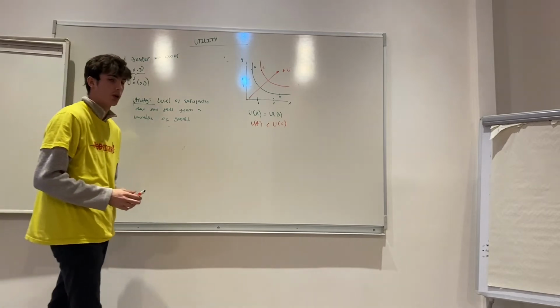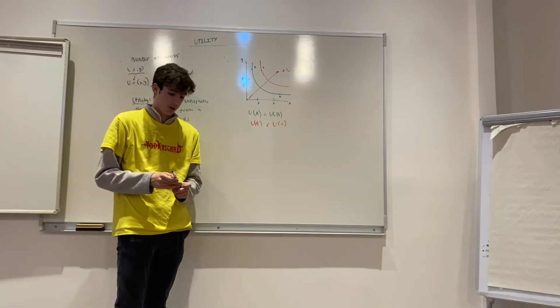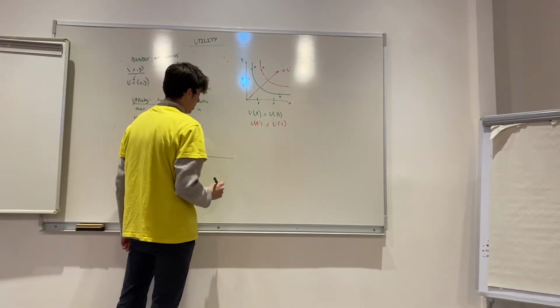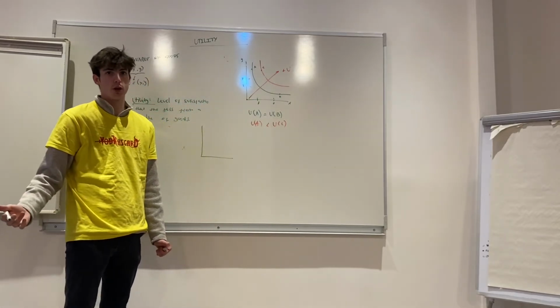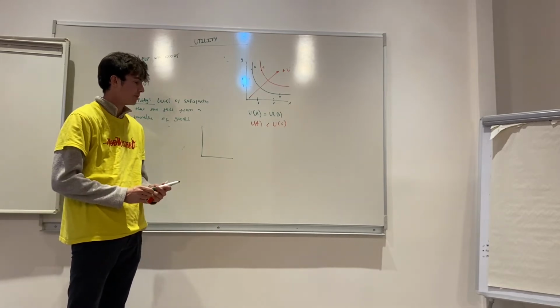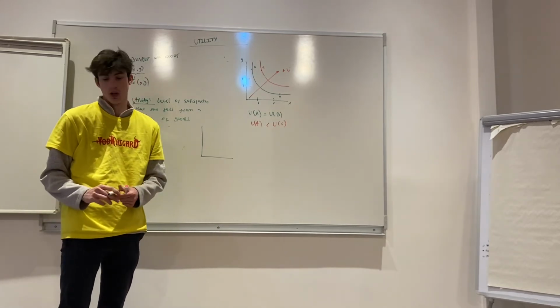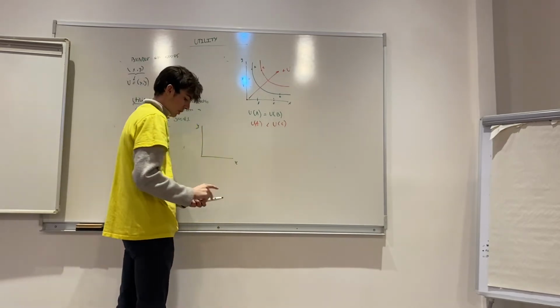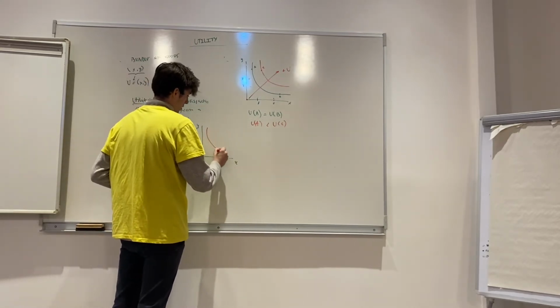Now we're going to present the marginal rate of substitution. The marginal rate of substitution is how much of a good you're willing to give in order to get another one within the same indifference curve. Imagine we have once again Y and X, and we have this indifference curve right here.